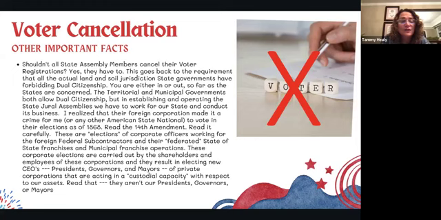They aren't our presidents, governors, or mayors. Technically, they are our employees. And until the American people get back their power and correct their status and actually start operating the offices of our government, they're not going to recognize us.